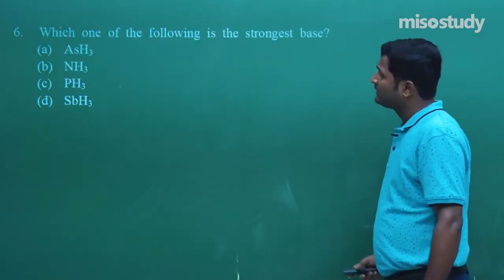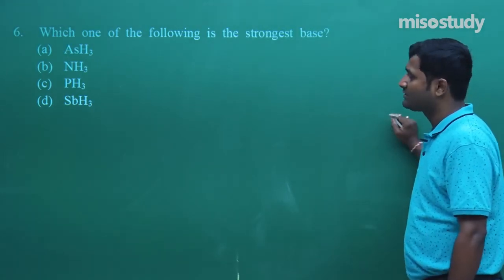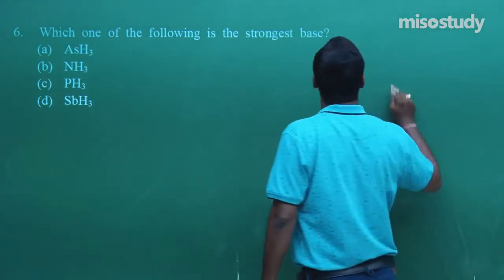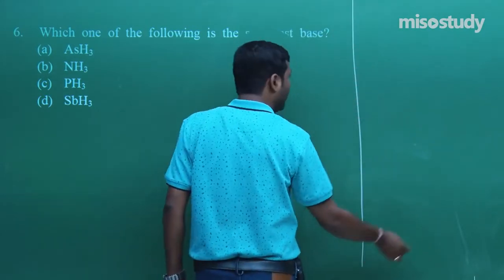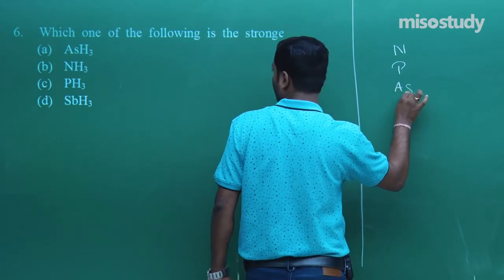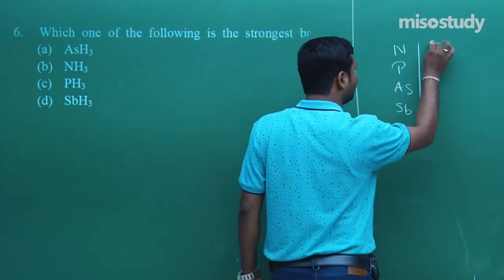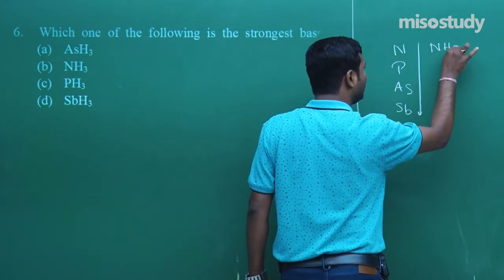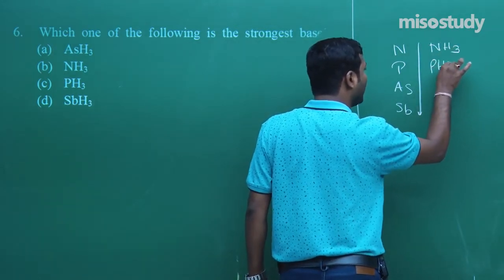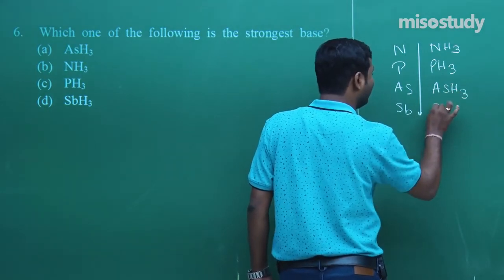Now let's move to the next question. Which one of the following is the strongest base? As we all know, if we move down the group, the basic nature of the hydride decreases.